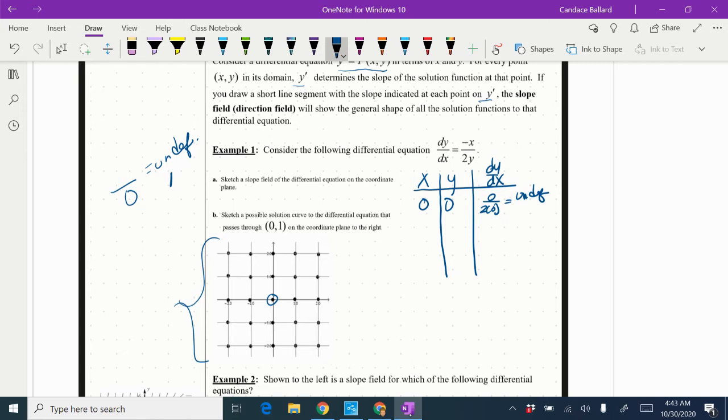Now I'm going to go out to (1, 0). I put 1 in for x and 0 in for y, and you'll notice I'm undefined again. So I would not draw anything for that particular point.